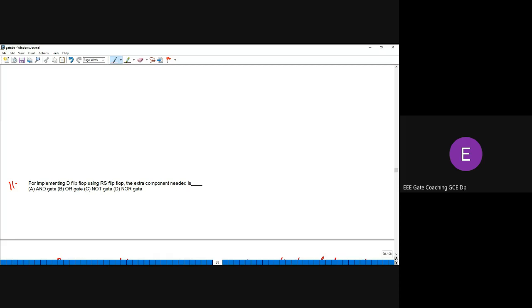So we need to convert this RS flip-flop to D, Q, Q bar. RS. Okay, this is 0 0 0 1 1 0 1 1.